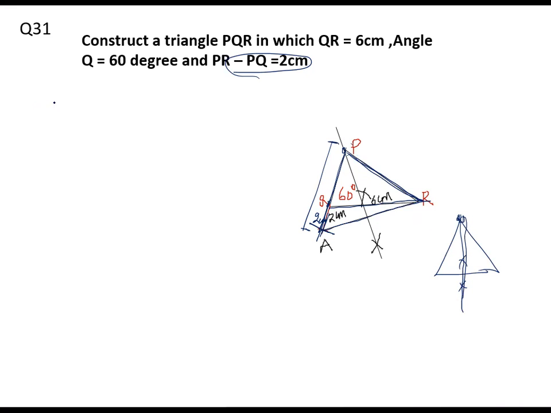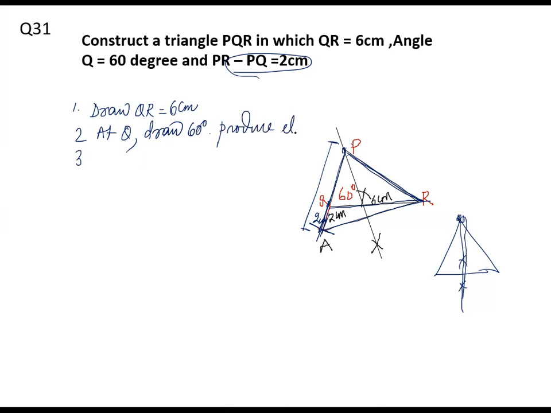So what are the steps? Steps of the construction: first, draw QR equal to 6 centimeter. Then at Q, draw 60 degree and produce it downward.